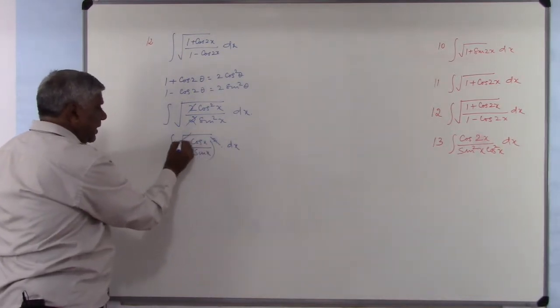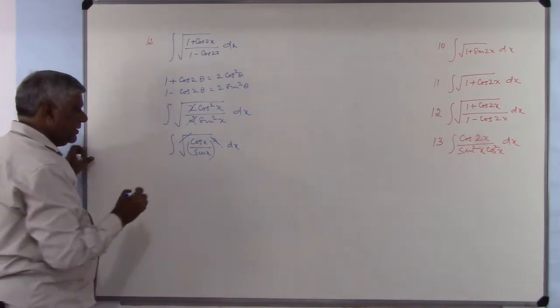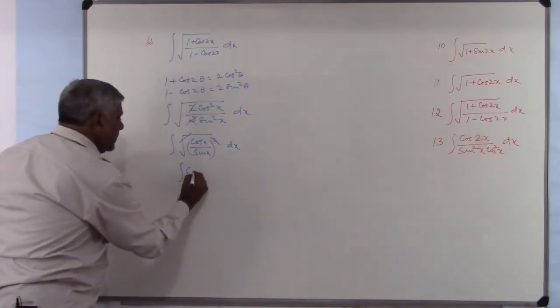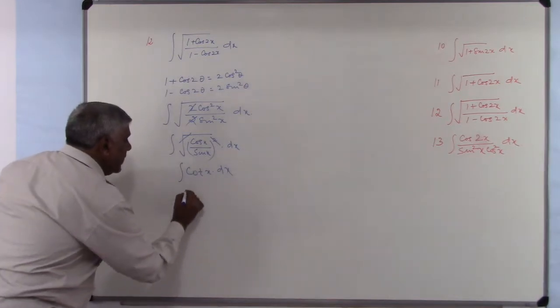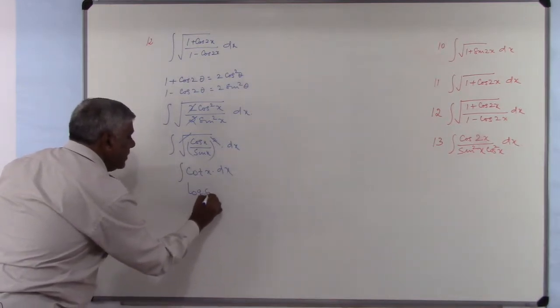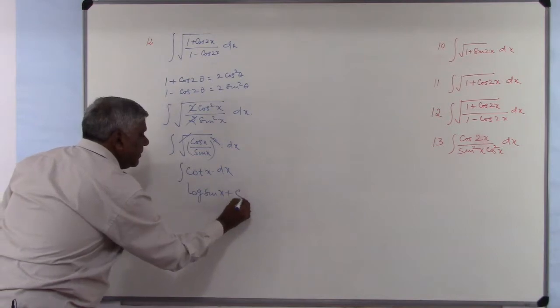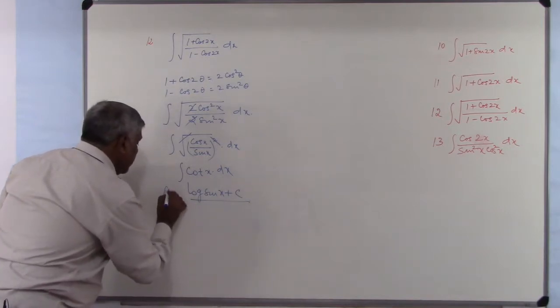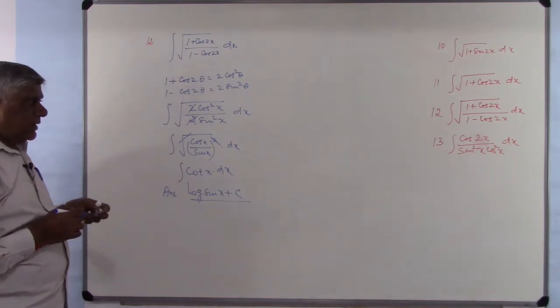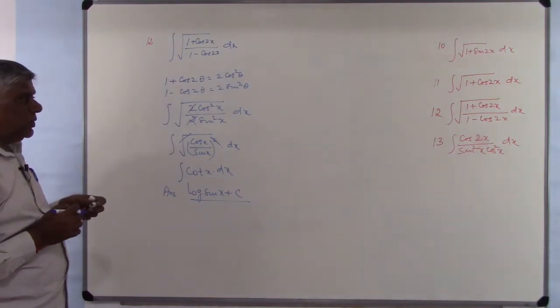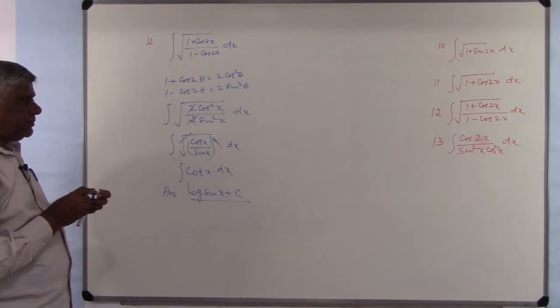This square and root get cancelled. We get integral cot x dx. Integral cot x dx is nothing but log sin x plus c. This is the answer. Log sin x.